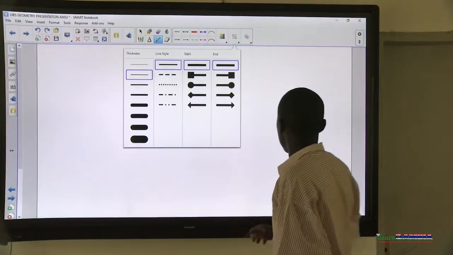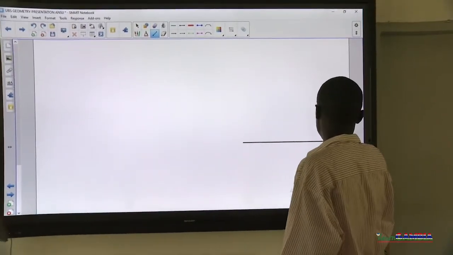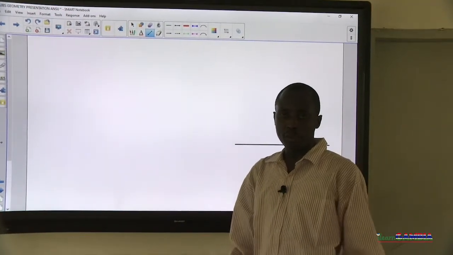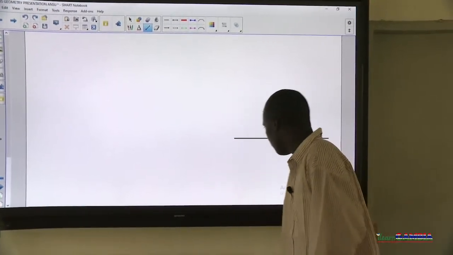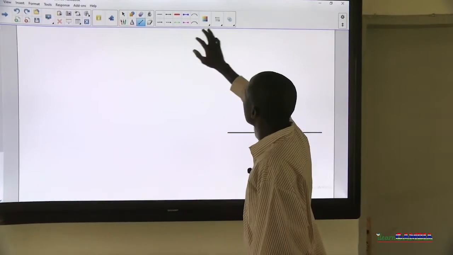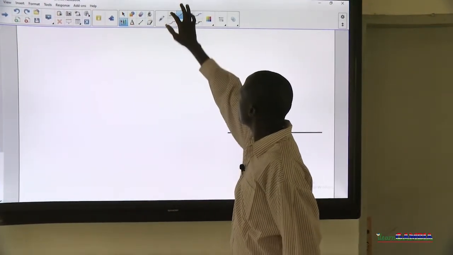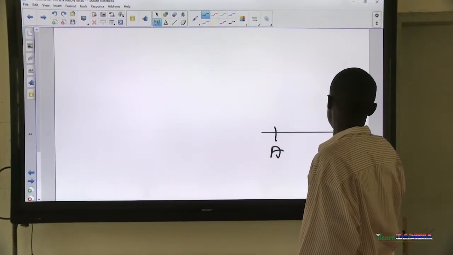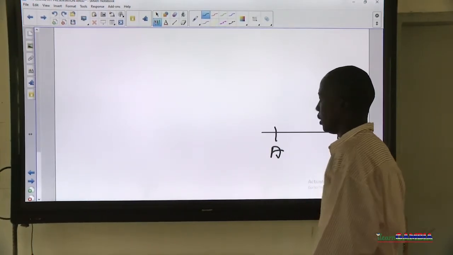I draw that straight line. This is rough work now. I'm not using any compass. I'm not using any ruler. So I mark 2 points on it. This point I will call A, and this point I will call B.